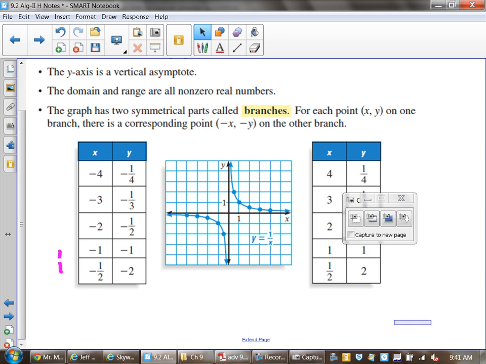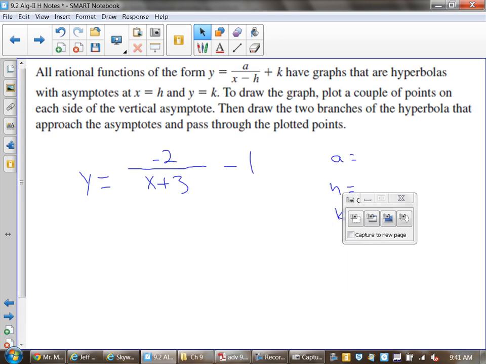So what we're going to wind up with here today are working with A, H, and K again, not only just with 1 over x. We're going to shift everything and move stuff around and to be able to identify our new asymptotes. So each one of these style graphs always starts out going to be the same. Where we have the function y equals a over x minus h plus k.